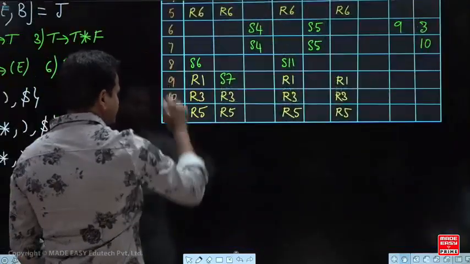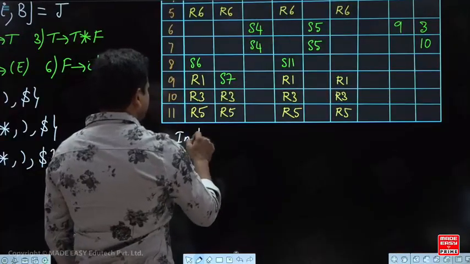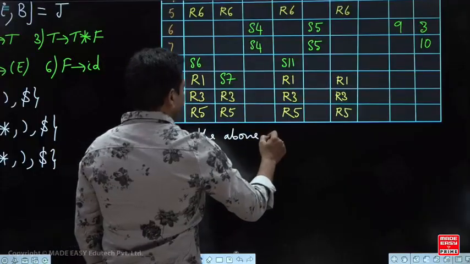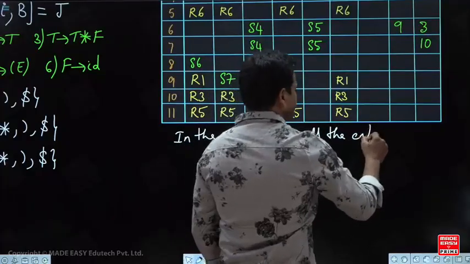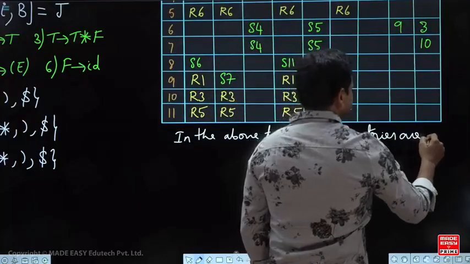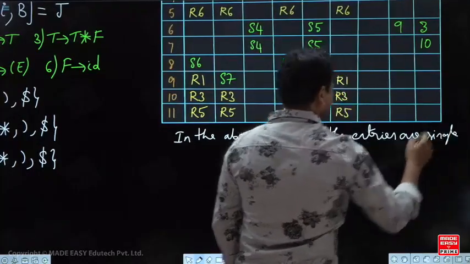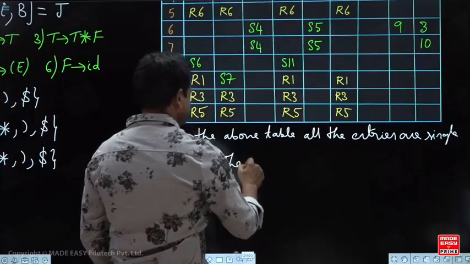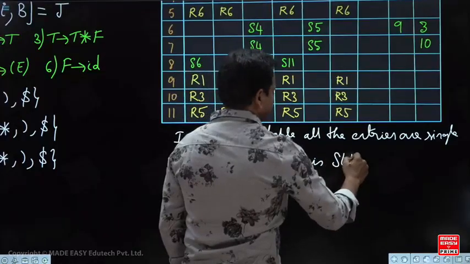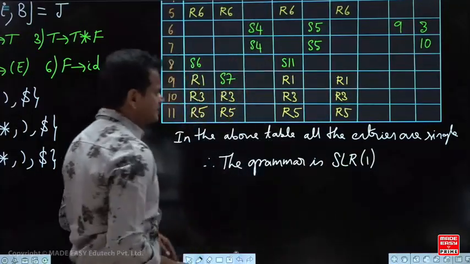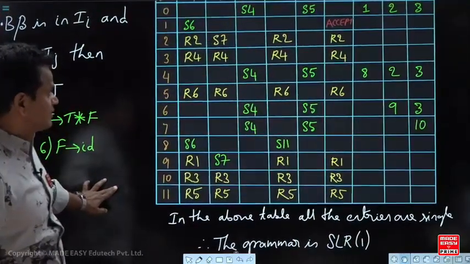Therefore, write: in the above table, all the entries are single. Therefore, the grammar is SLR(1). You also write the same. Copy this.